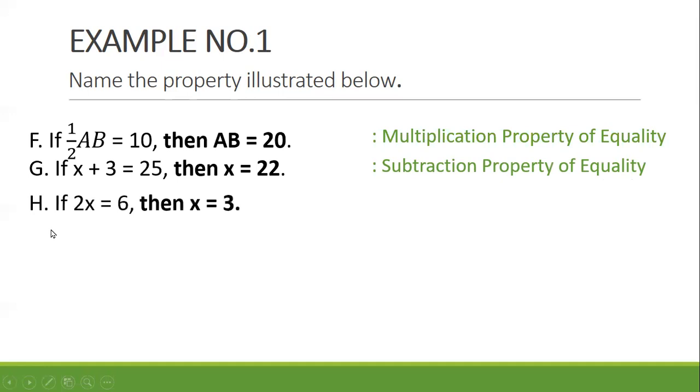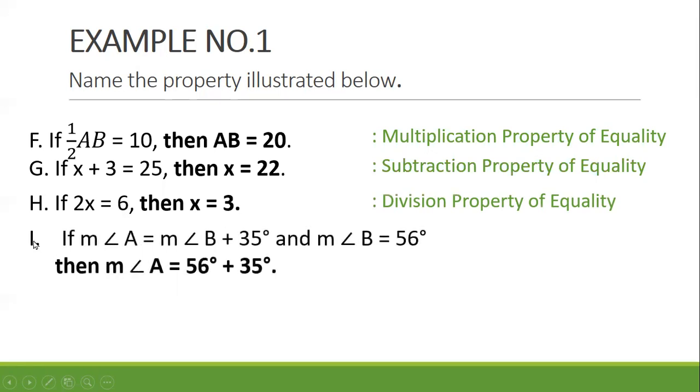Next, letter H. If 2x equals 6, then x equals 3. So, we use the division property of equality. We divide 2 both sides to isolate x. 2x divided by 2 is x, and 6 divided by 2 is 3.